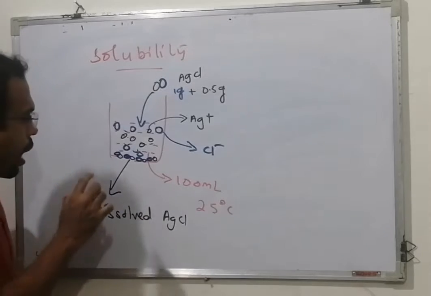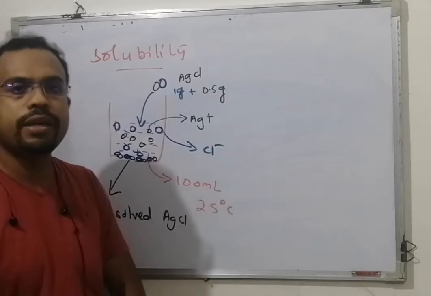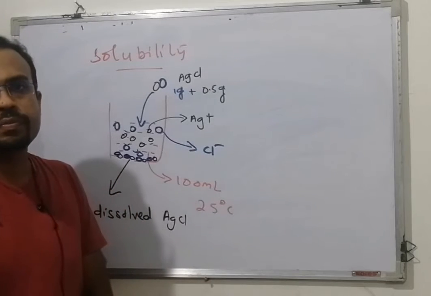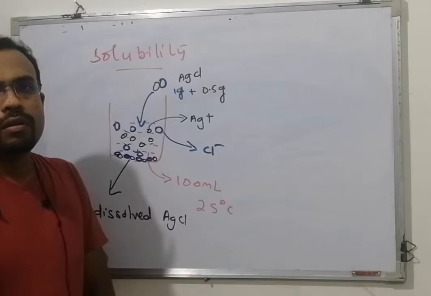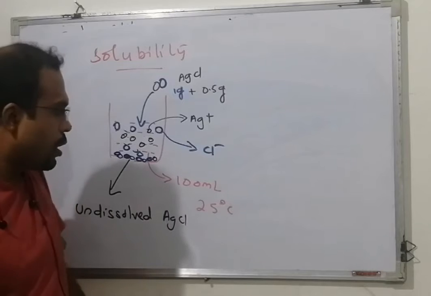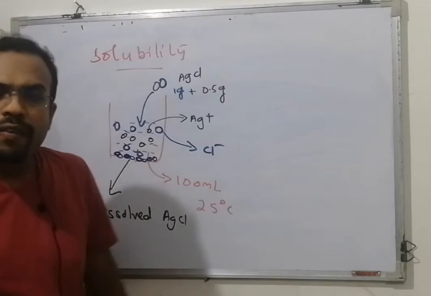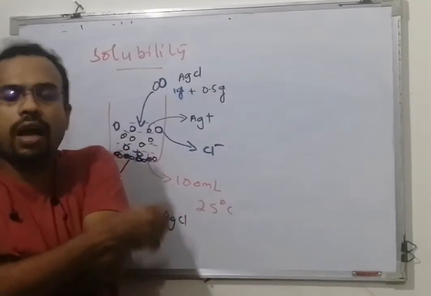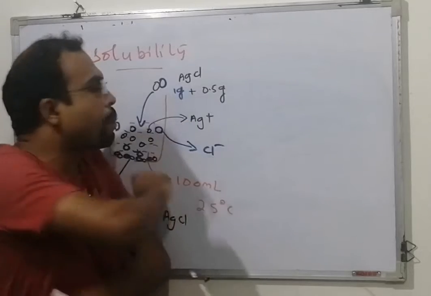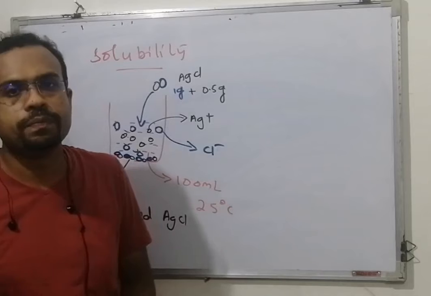I got some undissolved AgCl at the bottom of the beaker. Now I can say this is a saturated solution at 25 degrees centigrade. If I filter the undissolved part, I can say how much is undissolved. Total I added 1.5 gram, therefore I can say how much is dissolved.